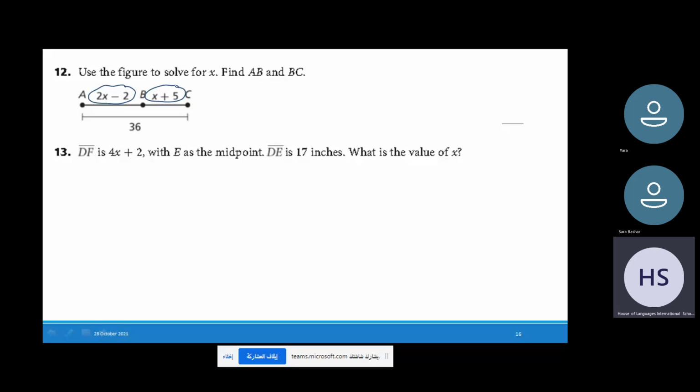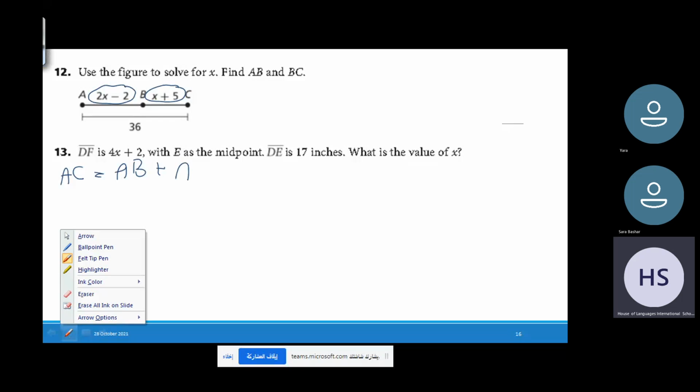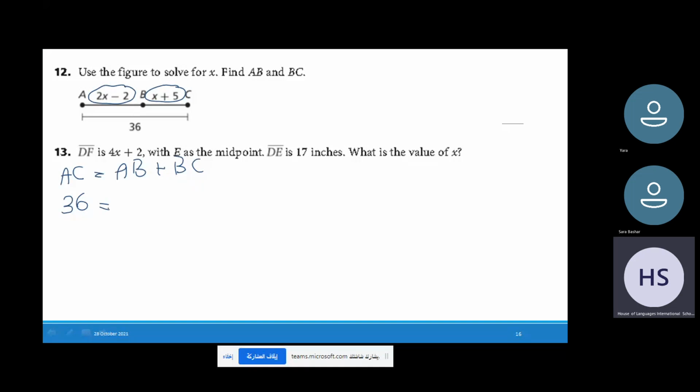Now, the length of AC is AB plus BC. AB plus BC is 36. What is the length of AB? 2x minus 2.